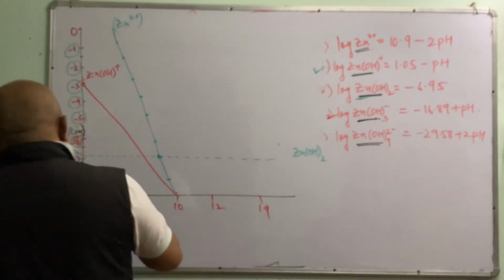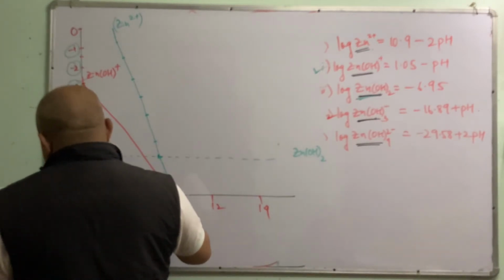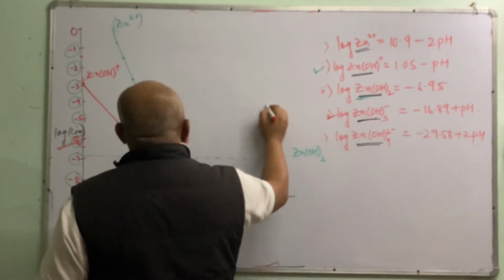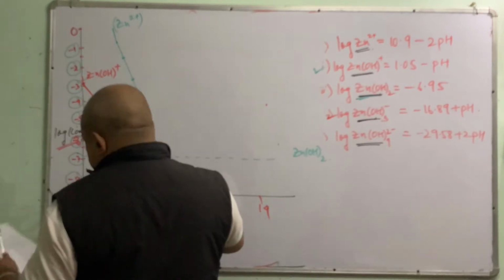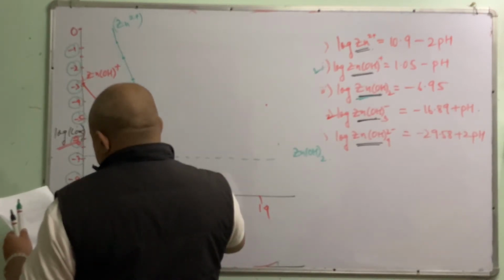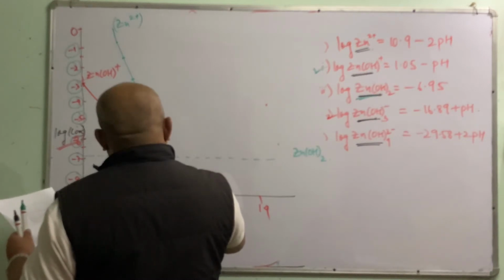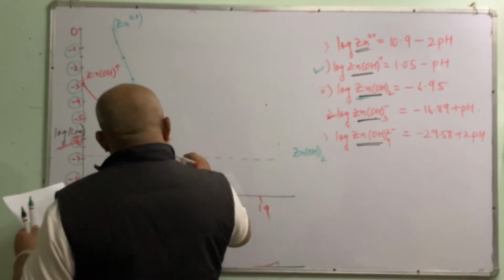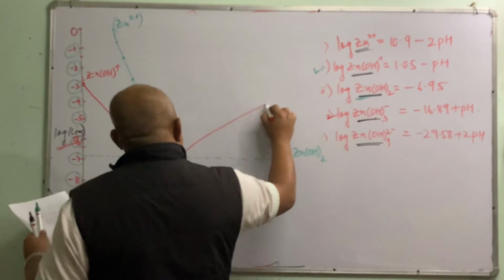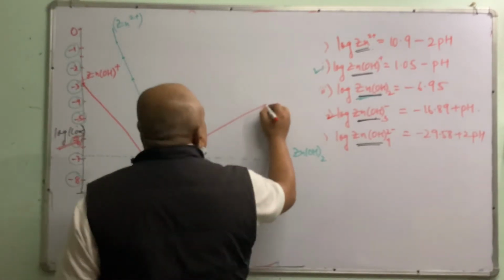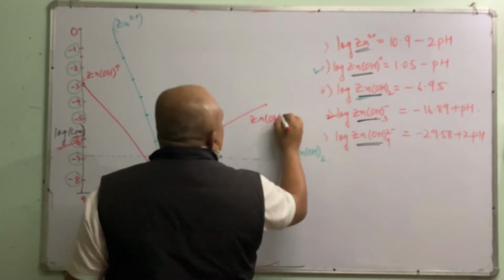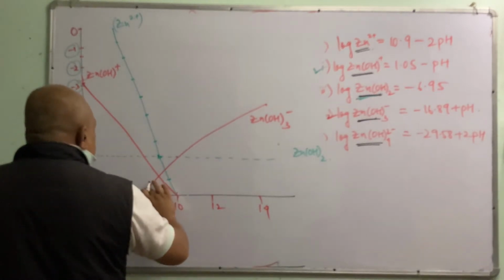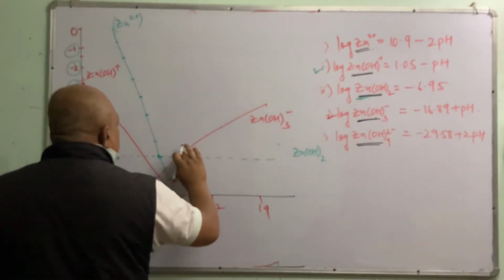Zn(OH)3 minus is from number 8, it is going to minus 5. Okay, this one is Zn(OH)3 minus. To make a little bit of difference, you can make it understood like this also.